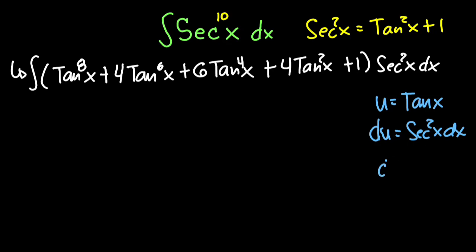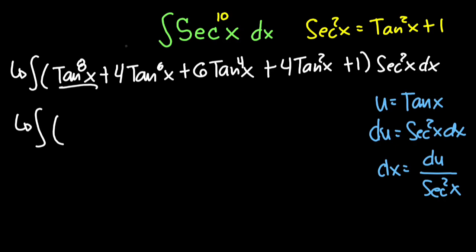And isolating the dx, we would have the value of du over secant squared of x. Now that we have that, we can now substitute all values, which makes this the integral of tan to the power of 8 of x would be u to the power of 8 plus 4, which makes this u to the power of 6 plus 6 u to the power of 4, and so on.